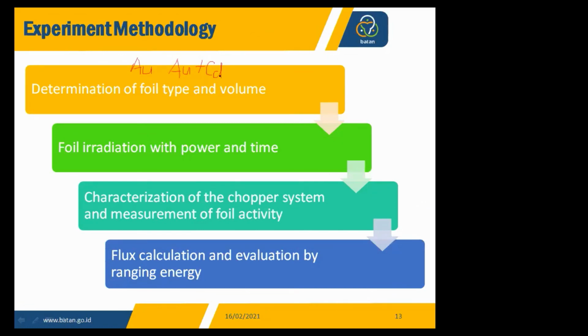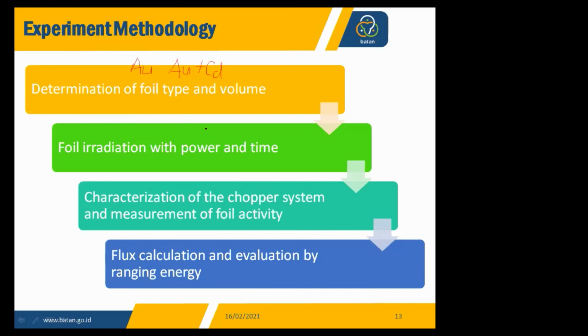After that, we measure the mass and the density to get the volume. Then we irradiate the sample with a set power and time.